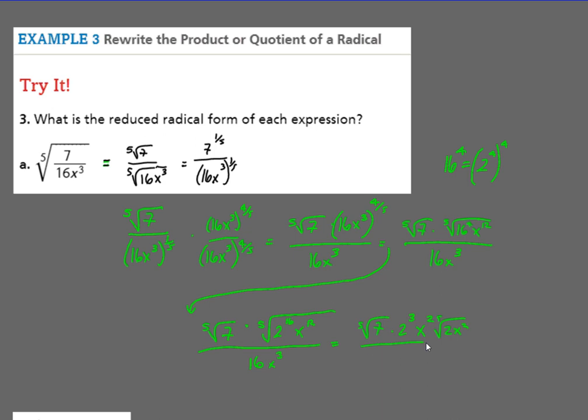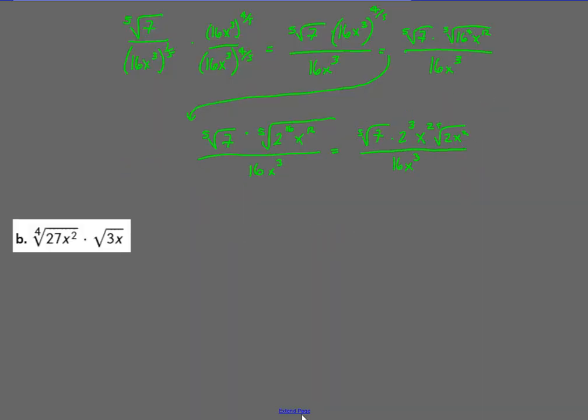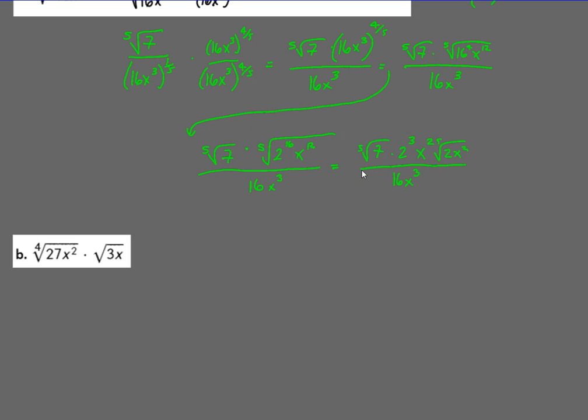All right. Now, I still have 16 x to the third. So we're going to get even a little bit more in depth here. 2 to the third is 8 x squared. And since these are both fifth roots, 5 and 5, I can combine them to be the fifth root of 14 x squared, all over 16 x cubed.